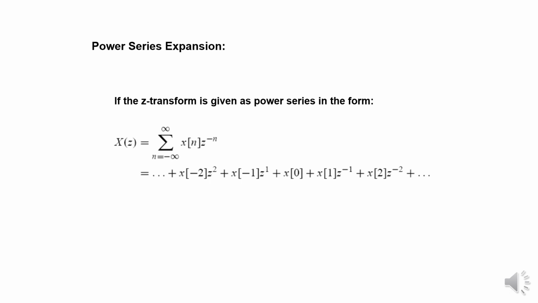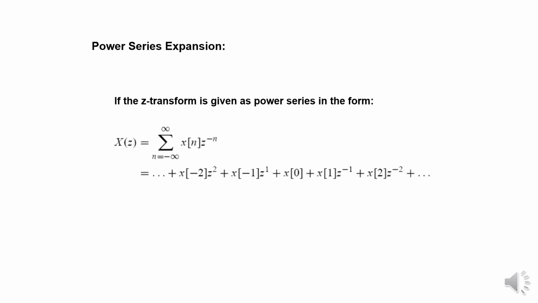That means let's say you were given X(z), and it is not a fraction, it is something like this. Let's say there's a term called 2 z squared, that is 2 multiplied by z squared.